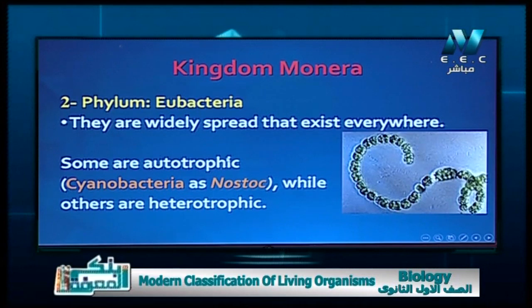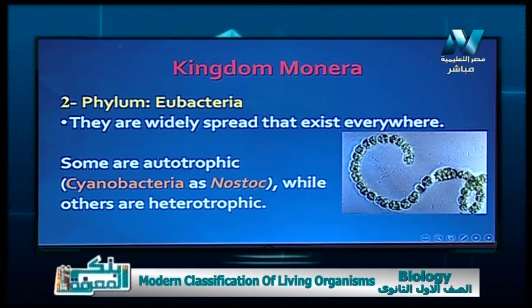Some are autotrophic, like this type, nostoc, a cyanobacteria, while others are heterotrophic, as we said. And please, my dear students, notice that this nostoc bacteria is not multicellular, but unicellular.